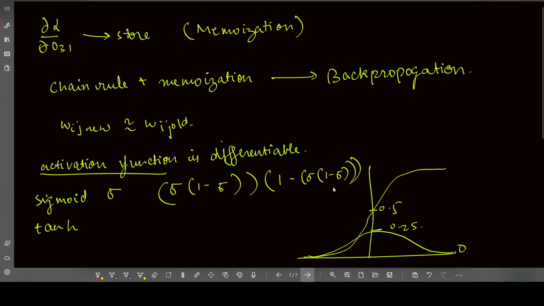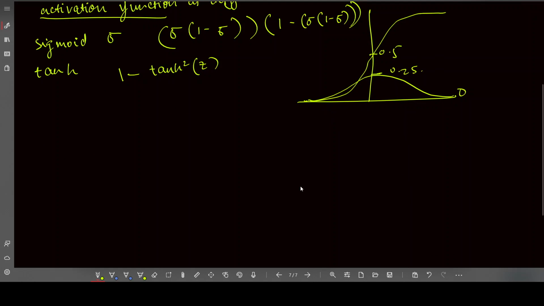Now, the differentiation of tanh is 1 minus tanh square of z or x, whatever this value is. The differentiation of tanh is 1 minus tanh the whole square. The graph of the tanh function is like this, between -1 and 1.